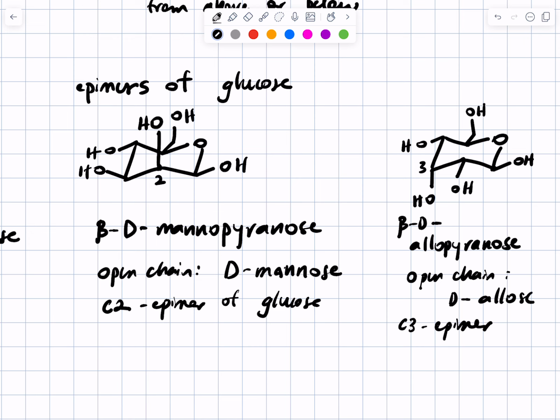You won't really encounter allose a lot in biochemistry. It's not found a lot in biology, but because it's a simple epimer of glucose and because it's in between the two common ones, I decided to list it here.